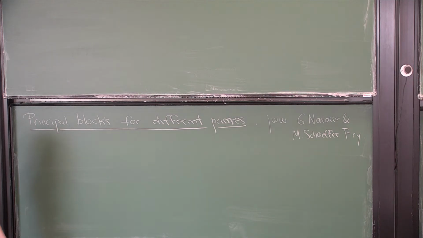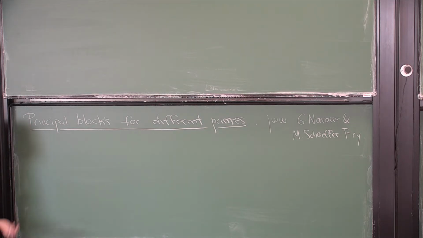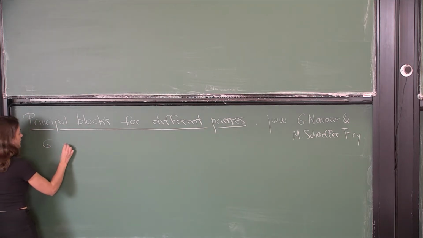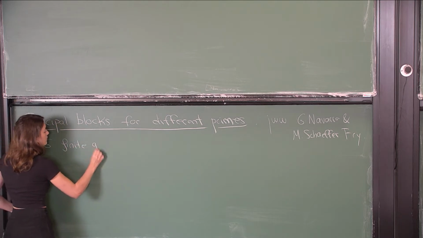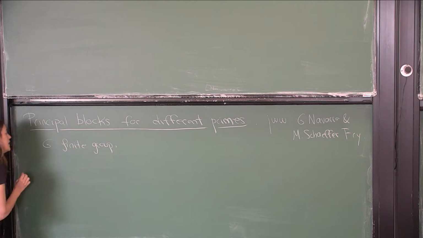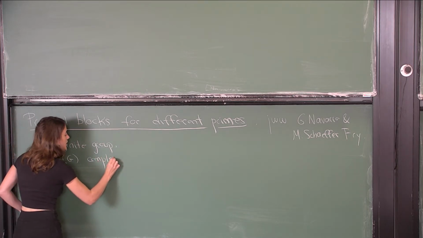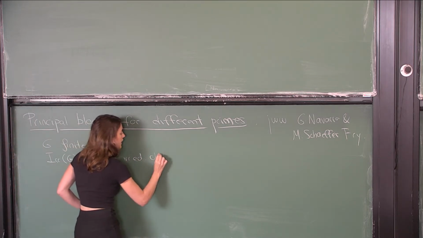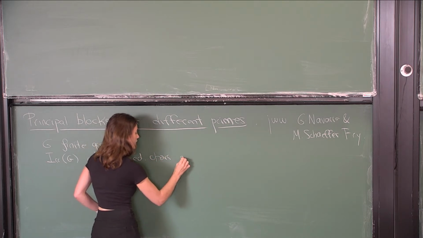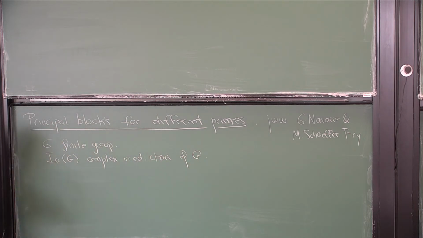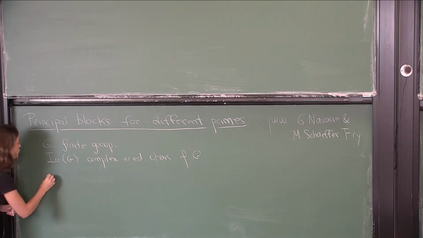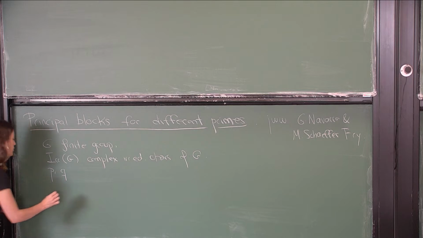We already introduced a lot of the concepts and some information that I will use, but just to fix the notation. G is going to be a finite group, and I will denote by Irr(G) the set of complex irreducible characters of G. I'm going to talk about different primes, and I will try to say it every time that I mention them, but if not, p and q are going to be prime numbers.